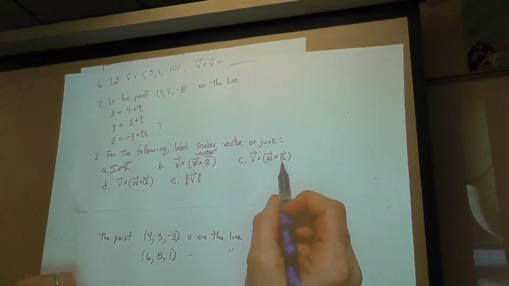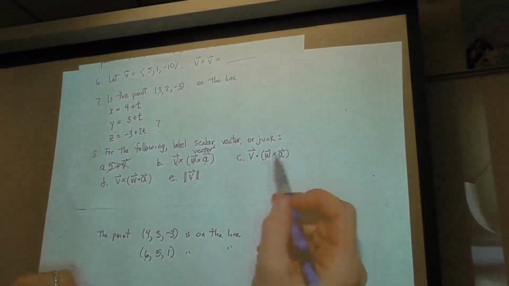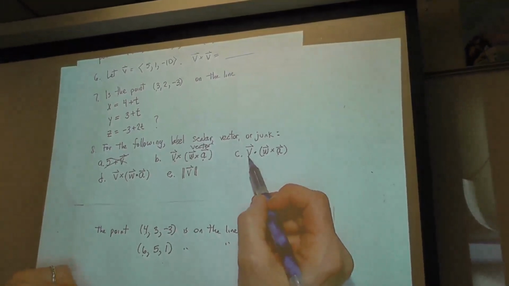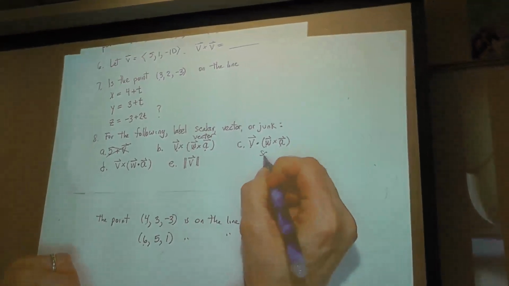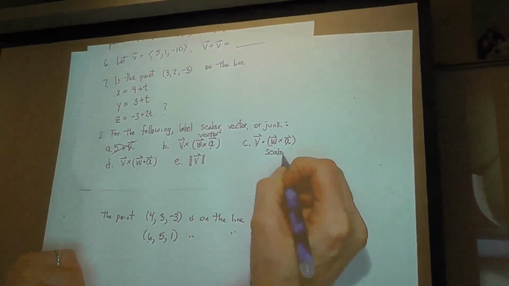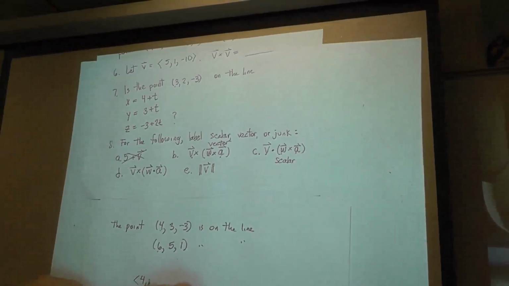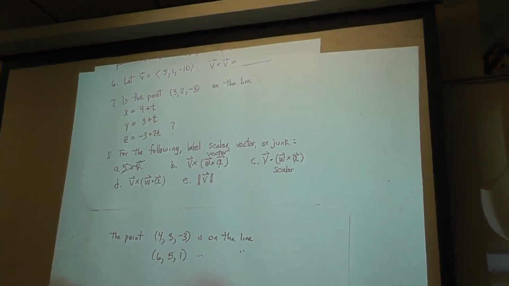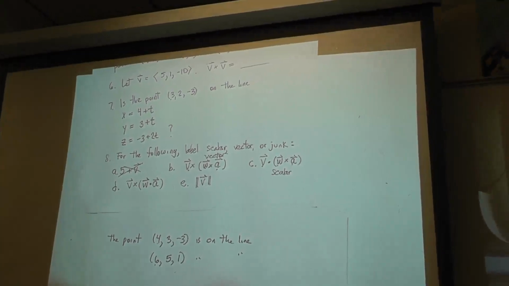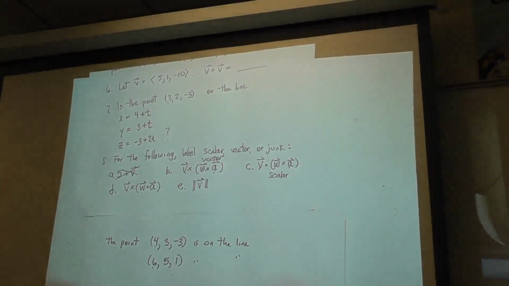You cross W with A, you get a vector. You dot it with V, that gives you a scalar. You dot two vectors. If I took 4, -1, 3 and dotted it with 2, 6, 1, I'd get 8 minus 6 plus 3.